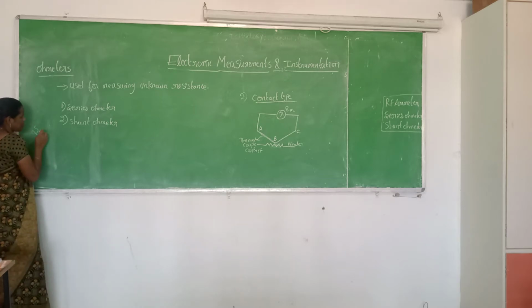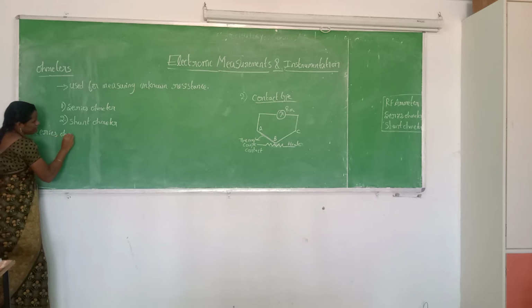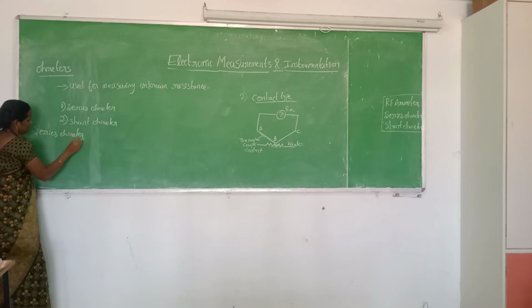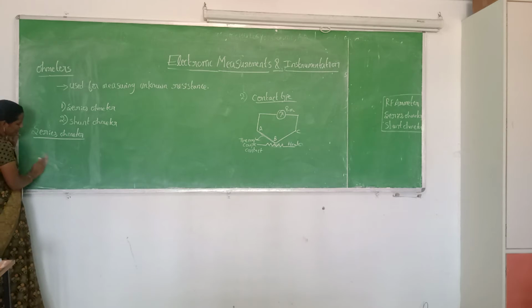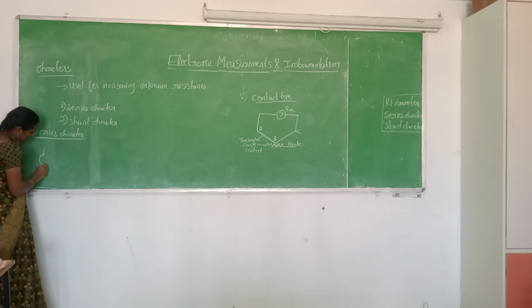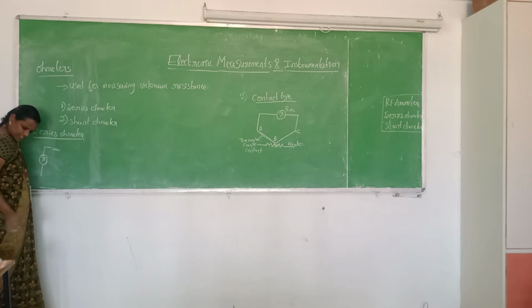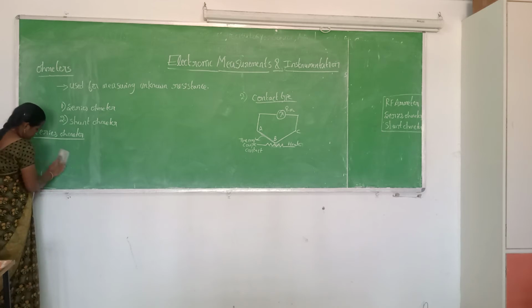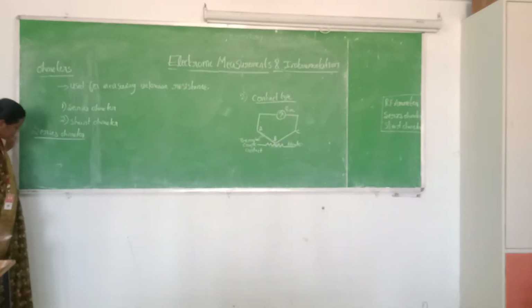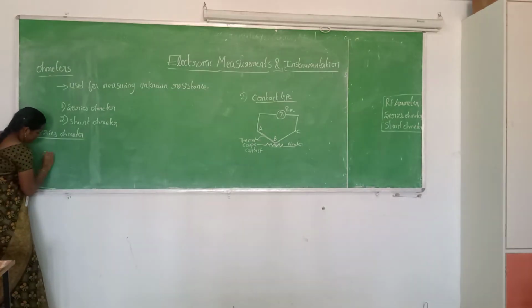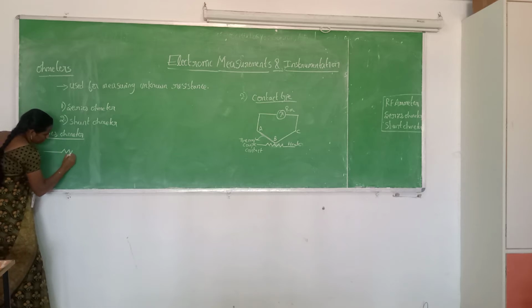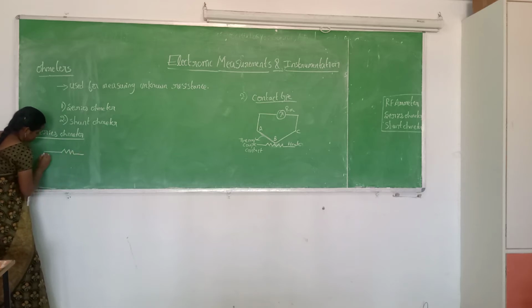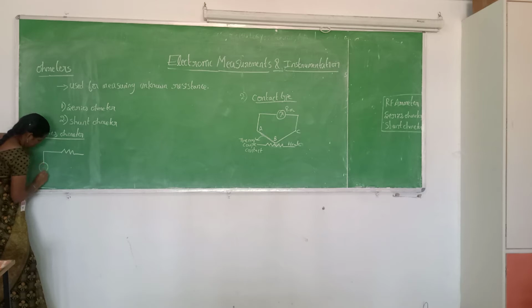So the idea for the series ohmmeter is, in the series ohmmeter, first we are placing the PMMC instrument in series with the resistance. So here is the resistance and this is the PMMC.